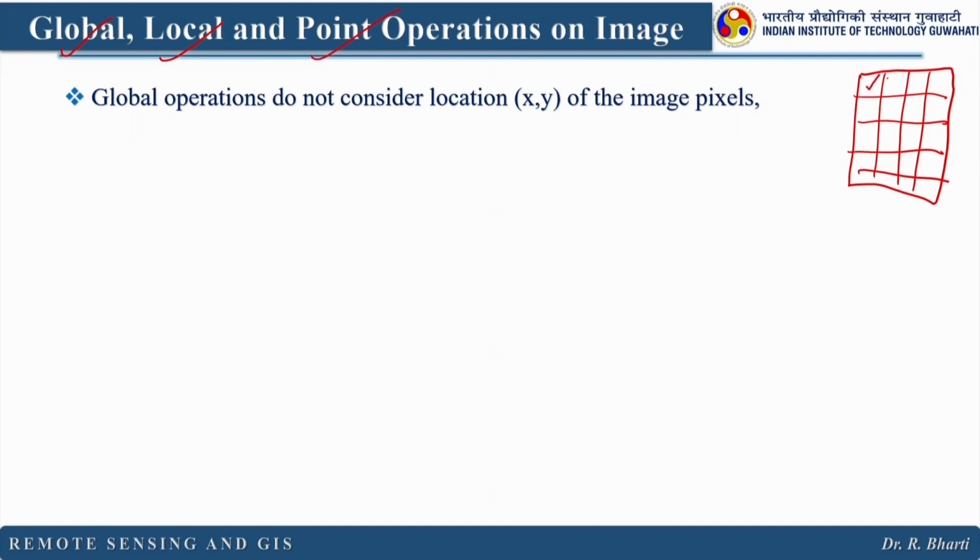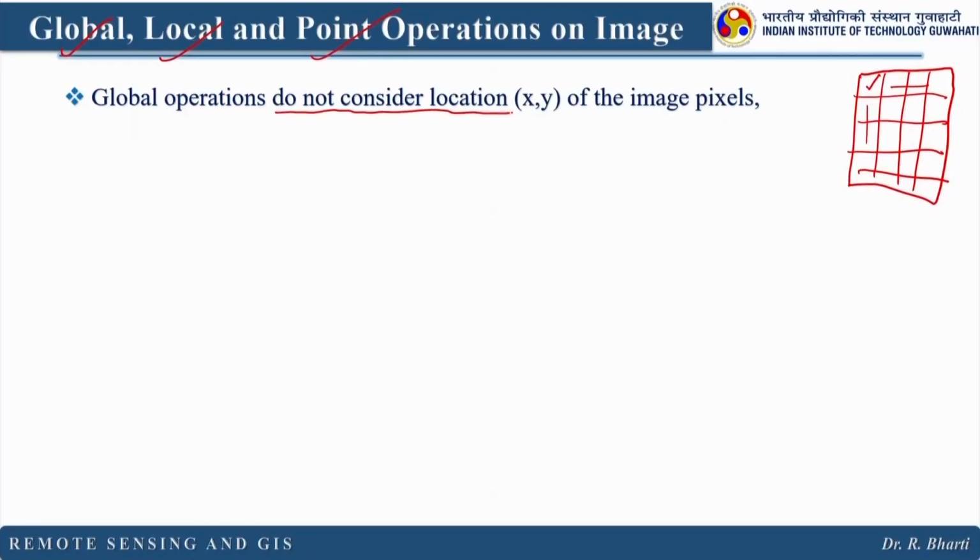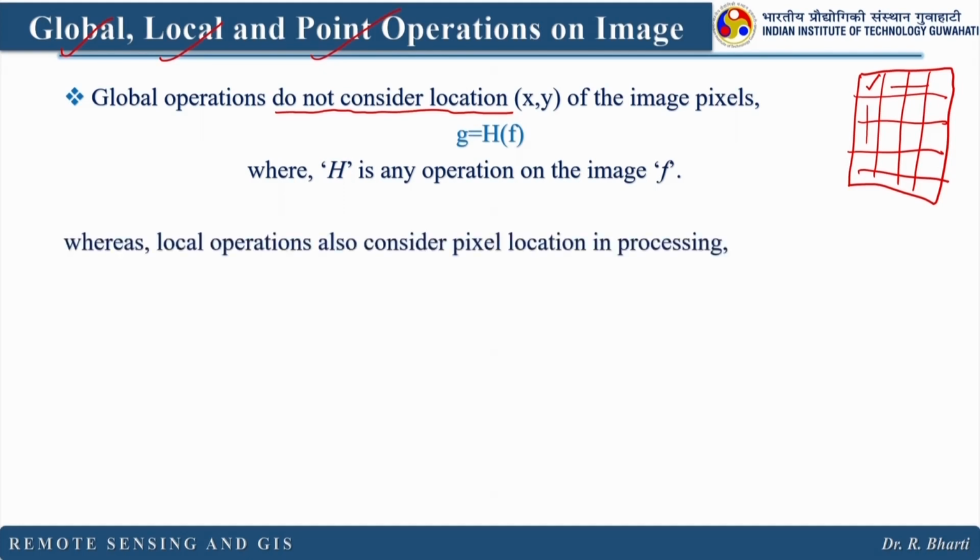If we start some algorithm here and move, we will add +1 in this direction, right? But if you are applying the same logic for the whole image, then we do not consider location, right? So here G is equal to H of F.